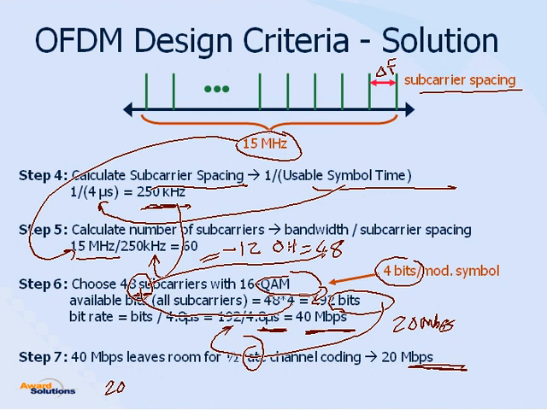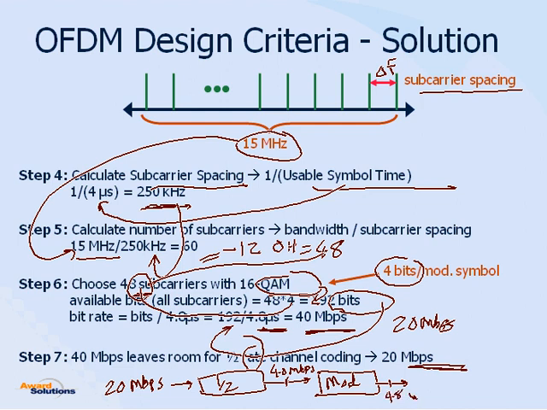So basically we have a 20 megabits per second data rate going into the coding block, half rate coding. That will give us 40 megabits per second. And we will have then modulation, 16 QAM modulation symbols, and you will get 48 modulation symbols during the time period of 4.8 microseconds.